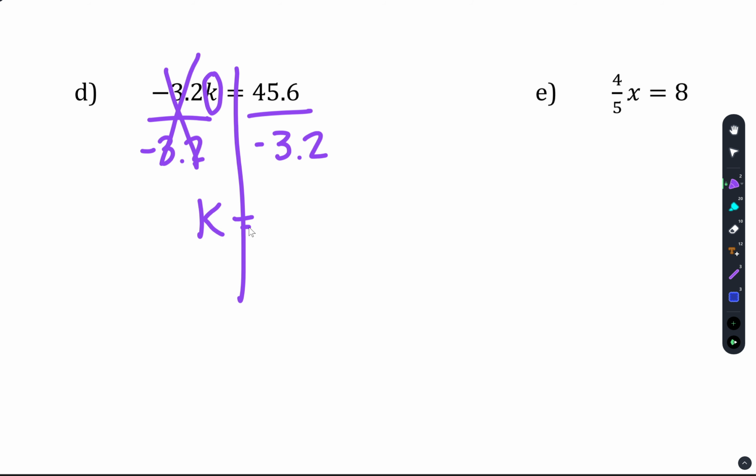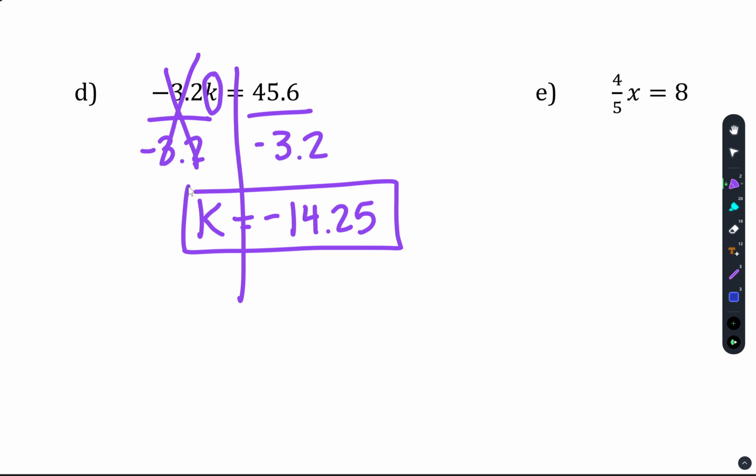Anybody? It's a negative something. Ashton? 14? Is it really? There's no way. That's not an even number. 14.25, that sounds better. And again, we can plug it in and double check if we want to. Questions there?